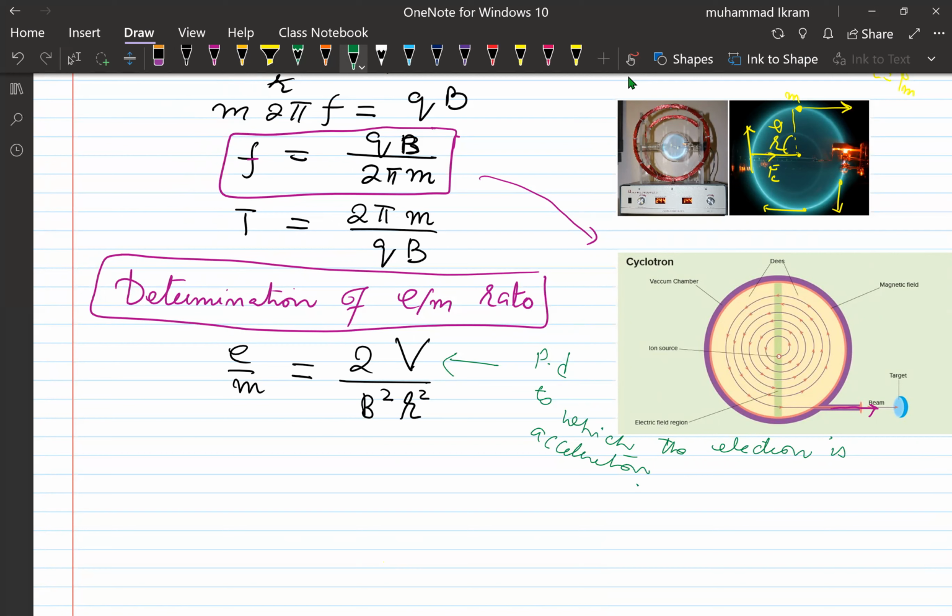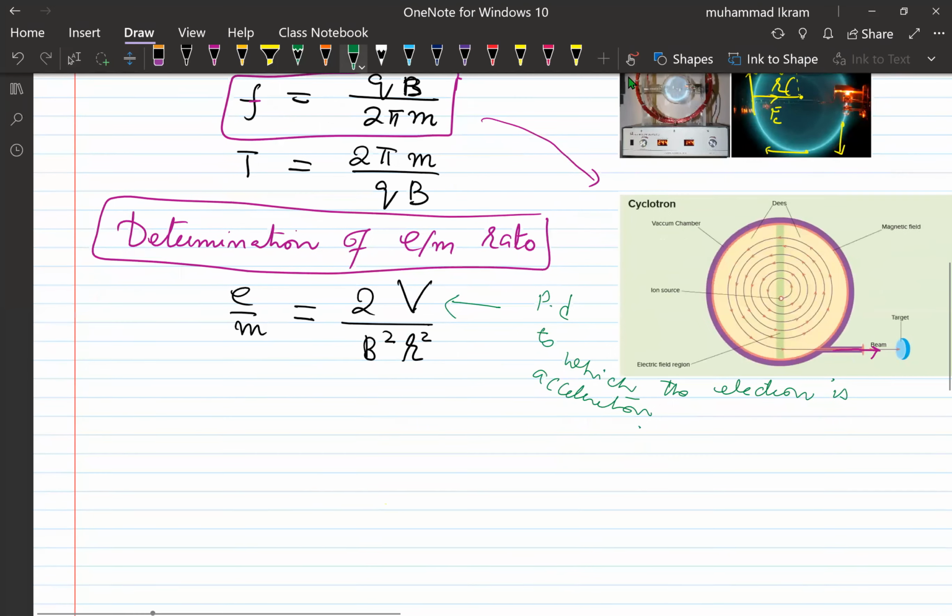Okay, so in determining the E by M ratio, one important thing which I want to tell you is that this usually changes our common belief about the small particles, right? How? Let us see this.